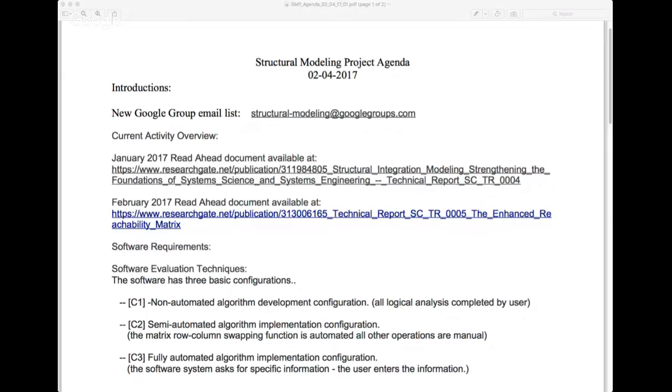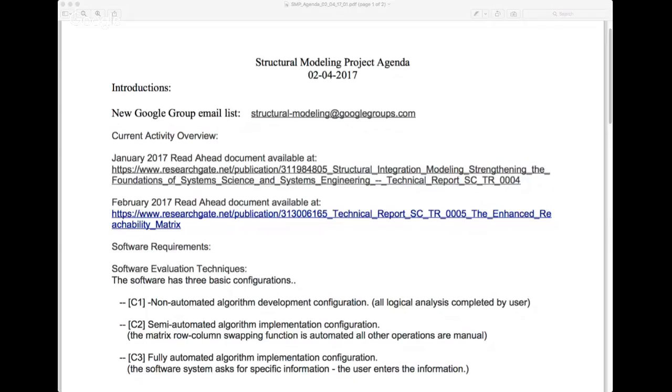In January, we put out a read-ahead document as a technical report on ResearchGate. Now that's basically the way we're going to do our read-aheads: create them as a technical report, put them on ResearchGate, get them a digital publication number so people can reference them, and make them more official types of publications.